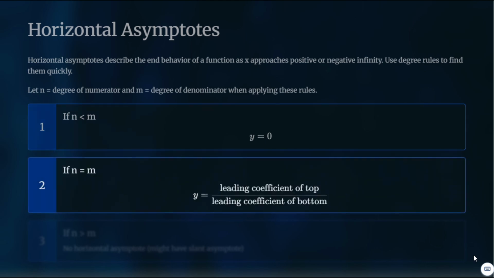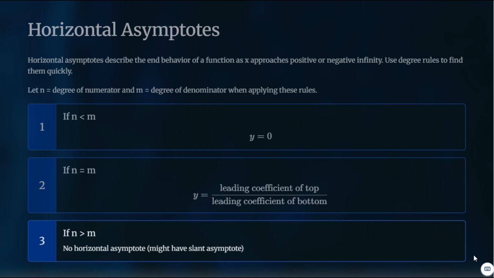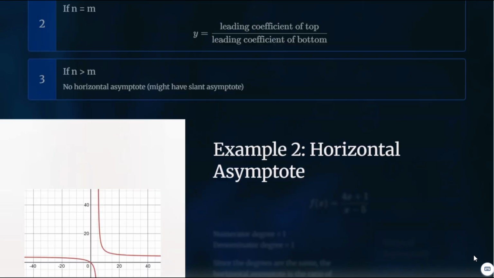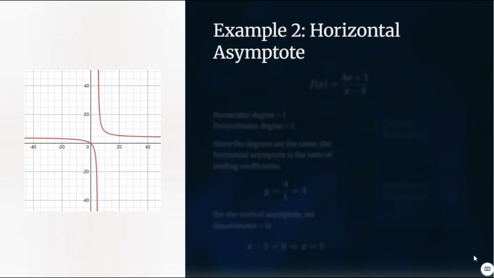If n is equal to m, the asymptote will occur at y equals the leading coefficient of the numerator divided by the leading coefficient of the denominator. And finally, if n is greater than m, there are no horizontal asymptotes, although there might be an oblique or slant asymptote. So let's look at this example.